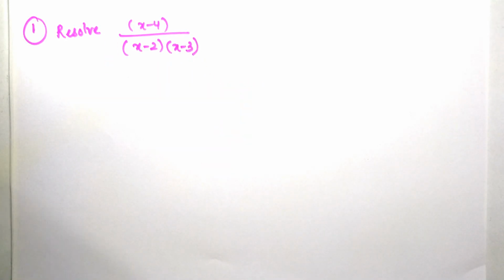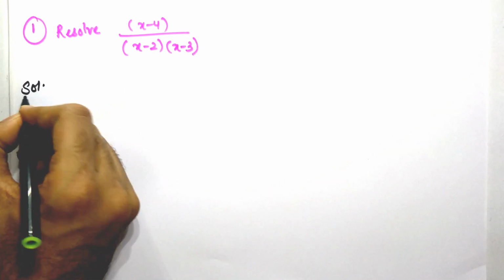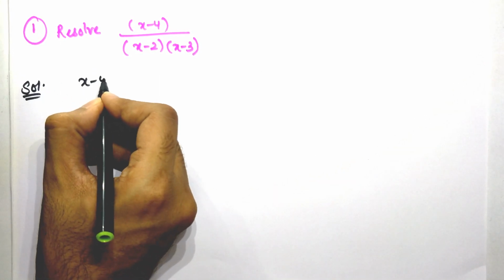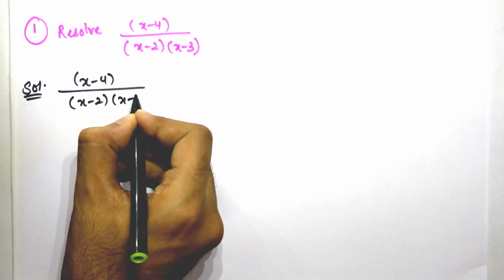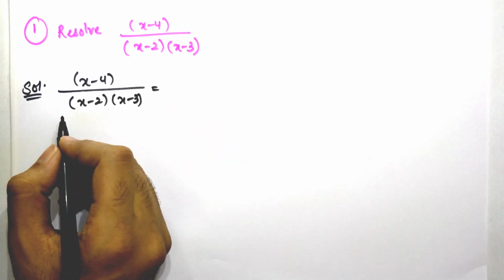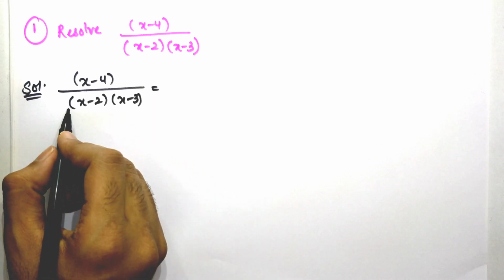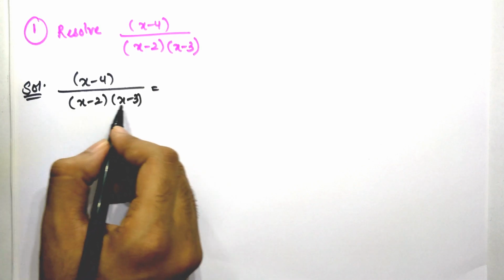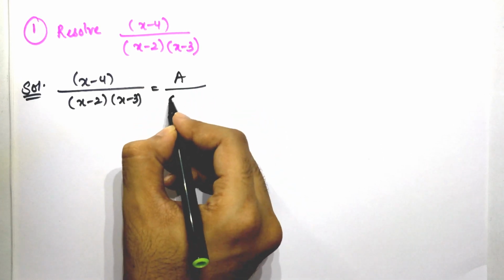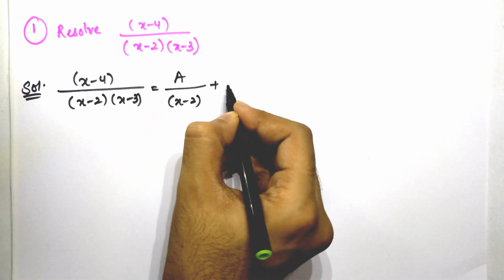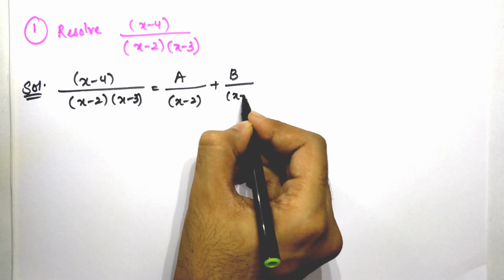Now take down this: (x minus 4) by (x minus 2) into (x minus 3). As this contains non-repeated linear factors, this comes under a type 1 problem. So we'll write this as a by (x minus 2) plus b by (x minus 3).